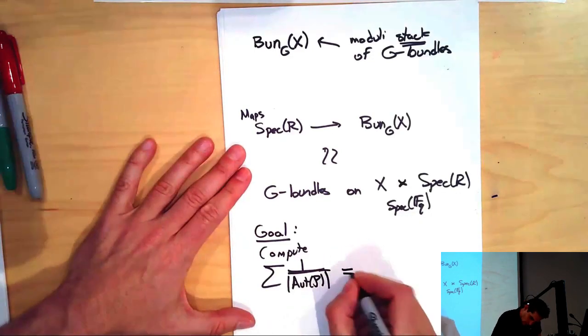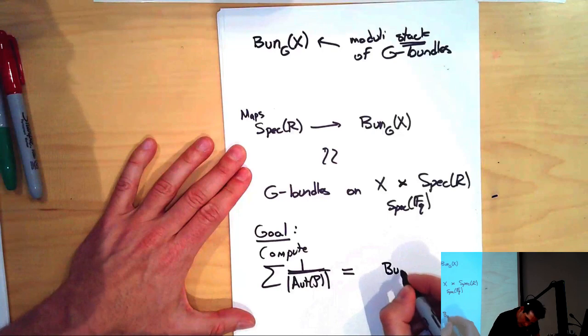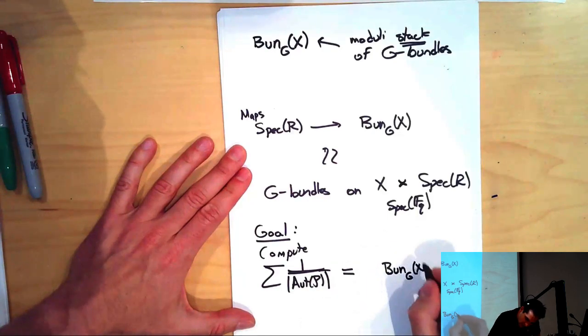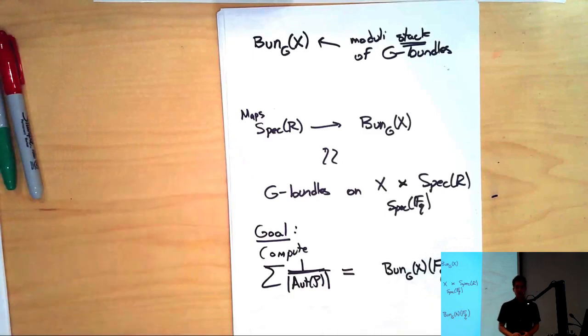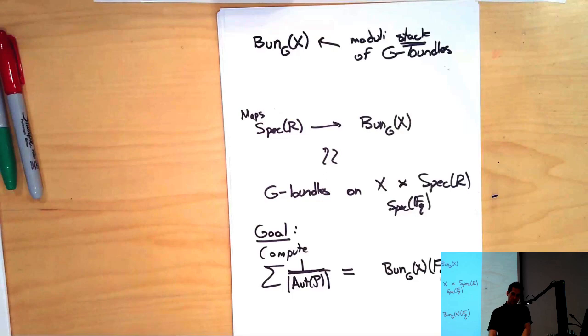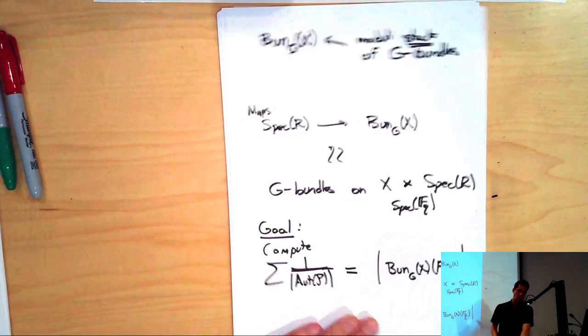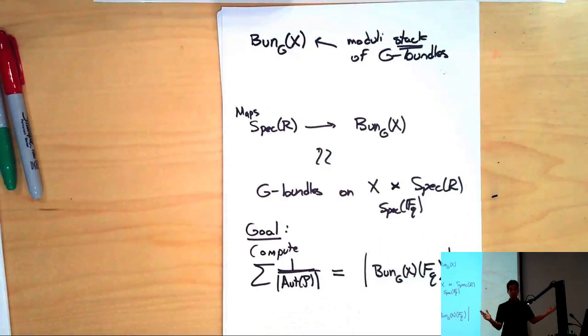And what I want you to think of, a principal G-bundle on X itself is an F_q-valued point of this moduli stack Bun_G,X. And if you ignore these denominators, then what I'm just asking for is the number of F_q-valued points on Bun_G,X.